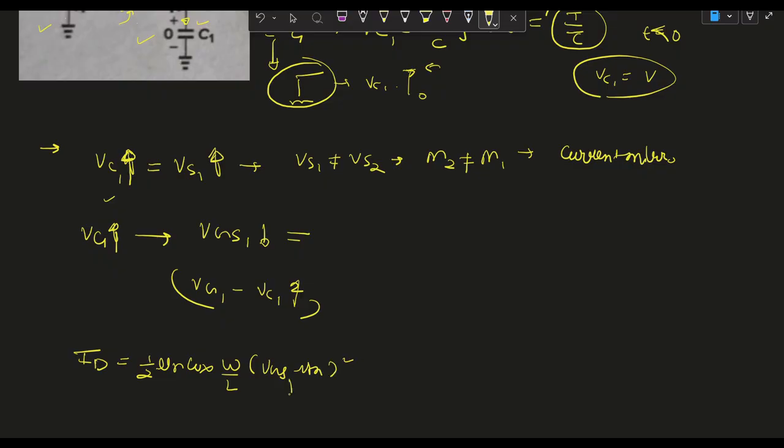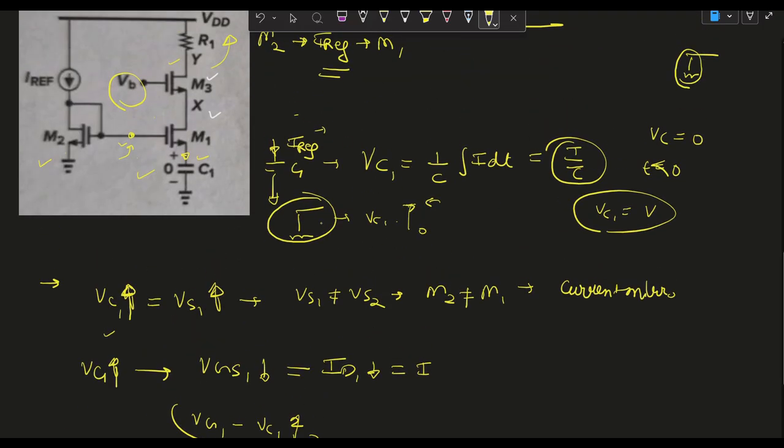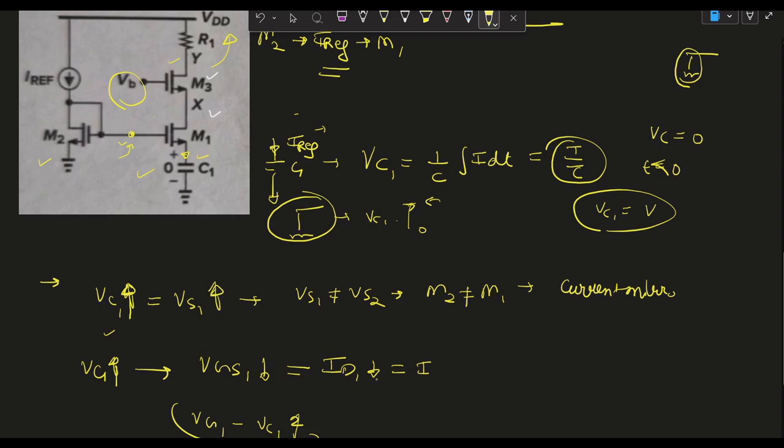So if VGS1 is decreasing, ID also decreases. Our ID1 decreases, and ID3 and ID1 are the same current, so ID3 will also decrease. And if ID3 decreases, our Vx will also decrease.